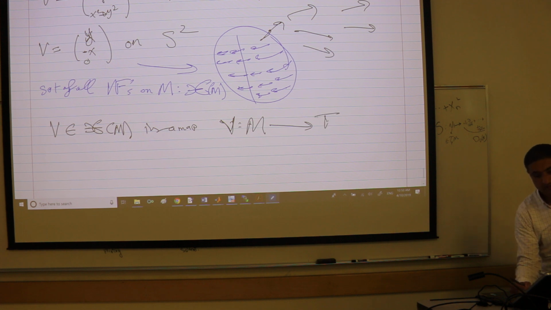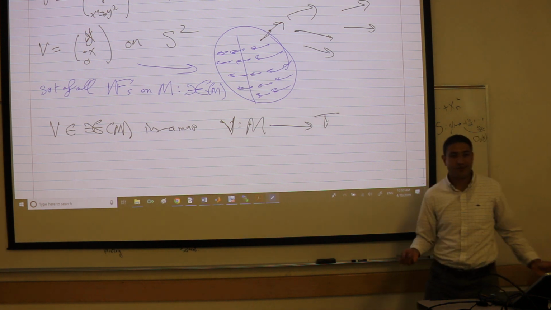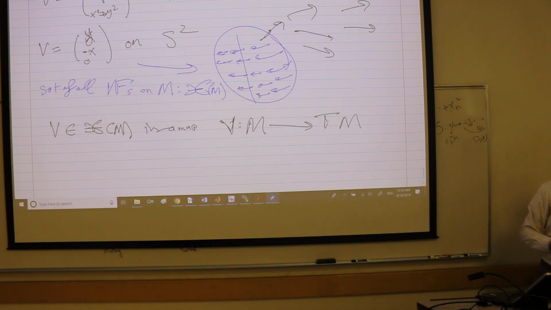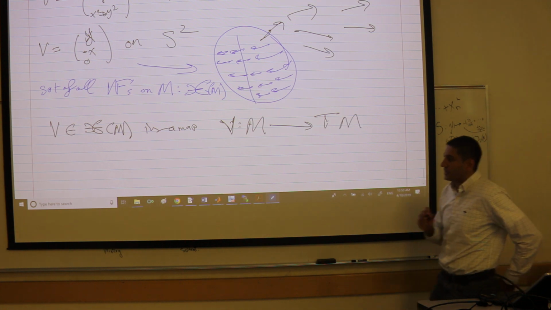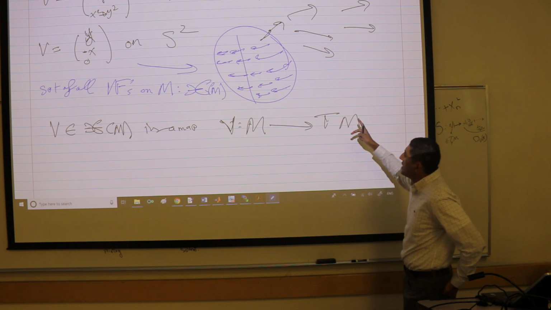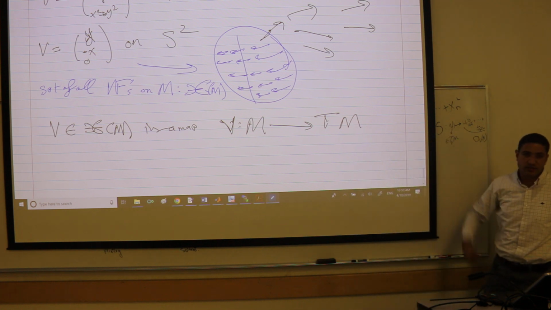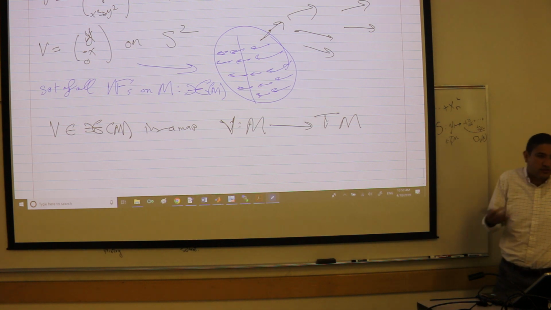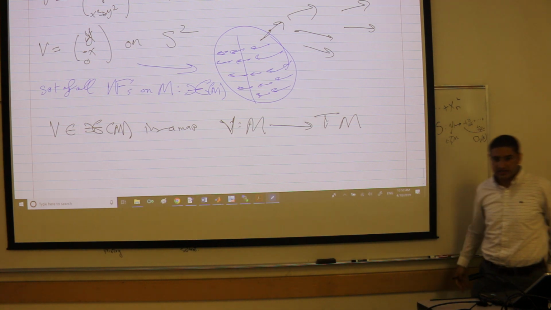The tangent space. I'll say the tangent space at the point, but globally, this is the tangent bundle. So technically, the vector field takes a point and gives you 2n components, but the first n are trivial because it's the location of the point, I know it anywhere. So we focus on the last n.